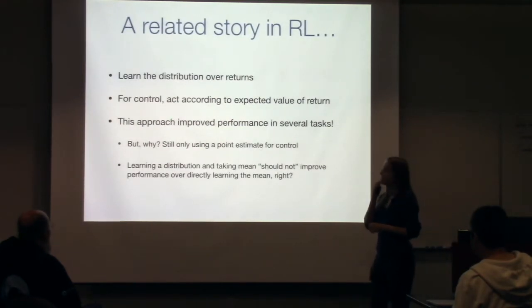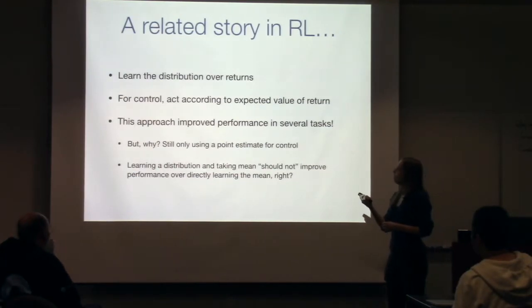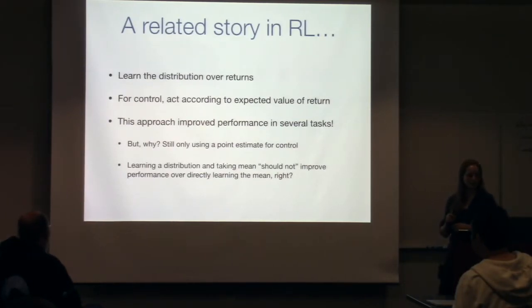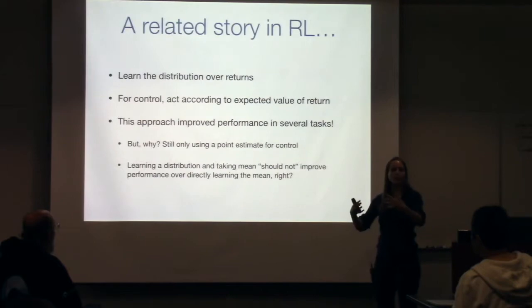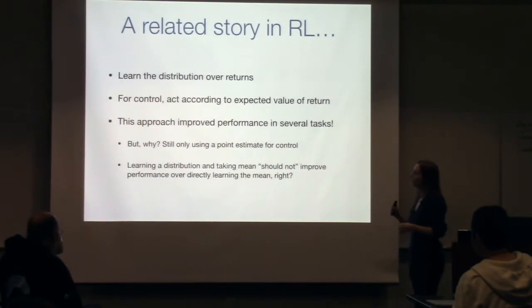In RL, there's a little less exploration, but also some pretty exciting results, and it's a little closer to the regression setting, because we're often doing something like regression when we learn value functions. In reinforcement learning, the idea was to learn a distribution over returns rather than learning the expected return. Then in control, even though you learn this distribution over the returns, you would still just take the mean of that return and act according to the expected value of the return anyway.